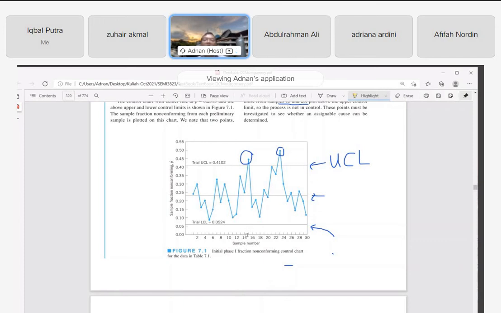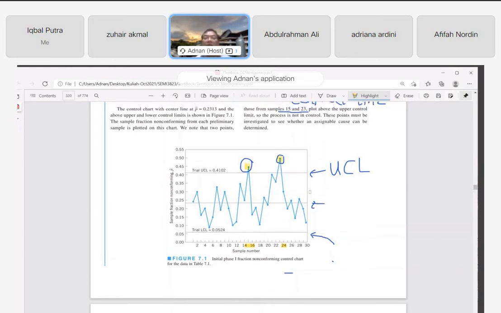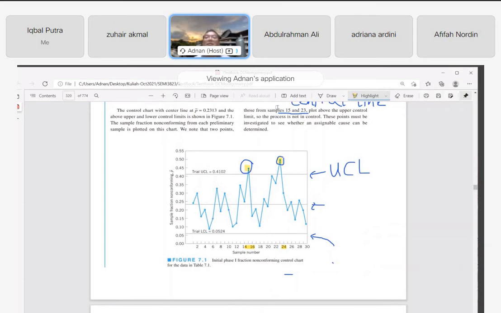It means that this control chart cannot be used for monitoring the future process. So we have to stop this process and look into what happened on sample number 15 and what happened to sample number 23.